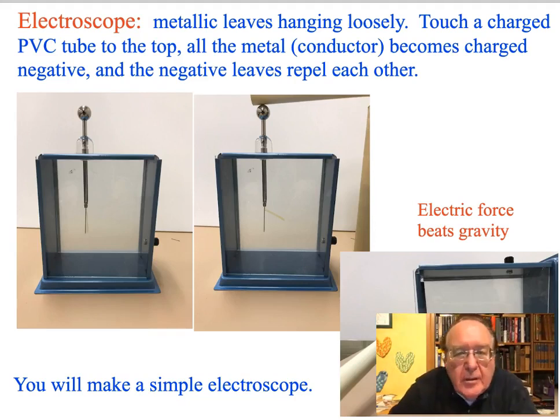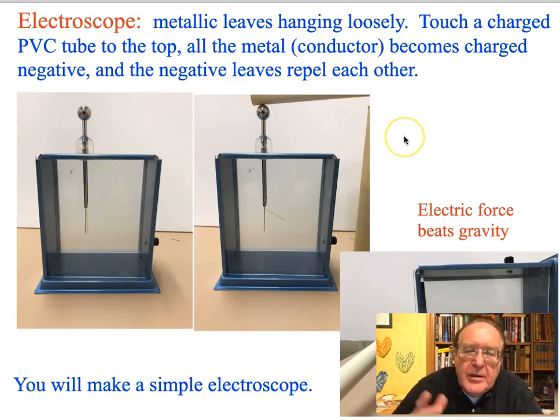Okay, so here's a commercial electroscope. It costs about $50. In elementary school, it would be worth it to buy one of these things for your science classroom. But an electroscope is a way of basically measuring charge, or actually doing a decent job of measuring charge. What it has are metallic leaves that hang down loosely.